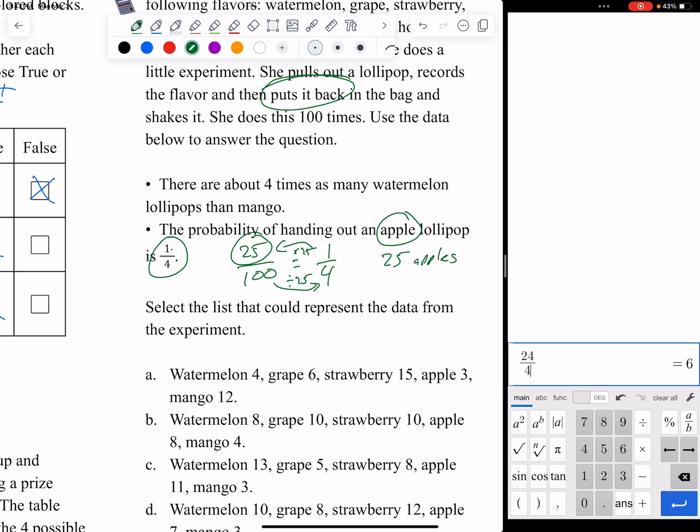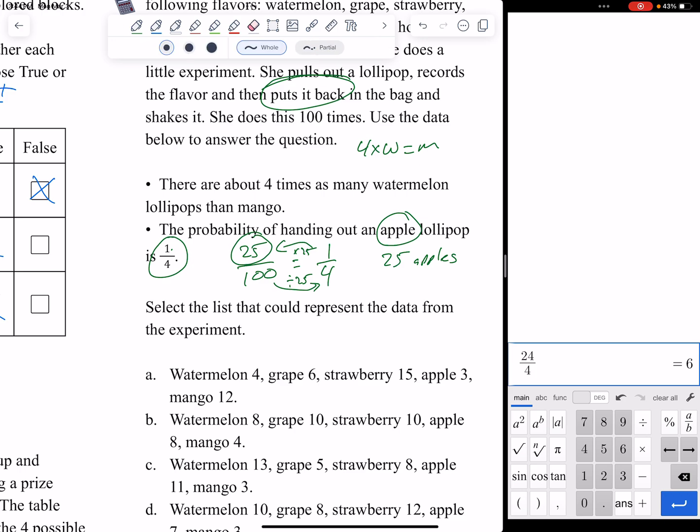There are 4 times as many watermelons as there are mango. So how does that work? Okay, 4 times as many watermelons as mango. Does that make sense if I write it that way? Because there should be more watermelon.